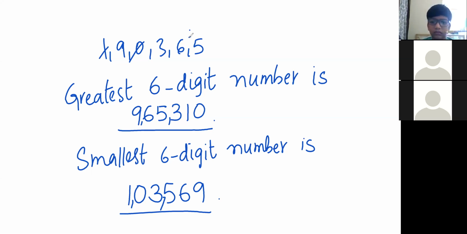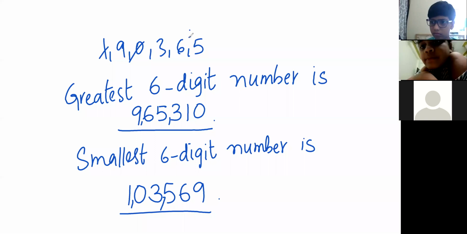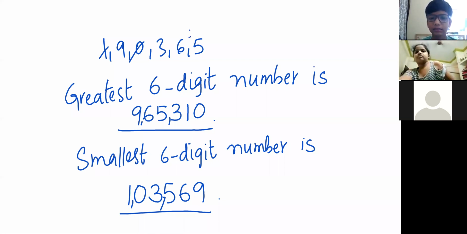Now, any more doubts, children? No, ma'am. Do you feel any kind of doubt while creating the smallest digit numbers and greatest digit numbers? Nana, you have any doubt? You have muted yourself again. What should we do, ma'am? We have to take a pic with our father.